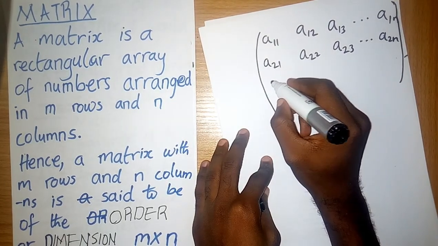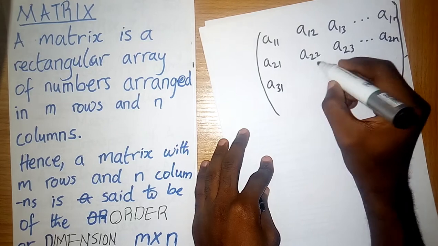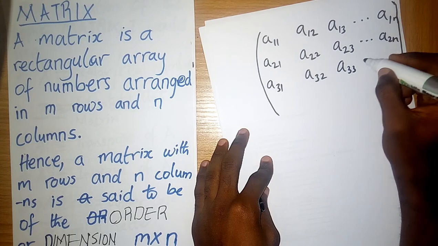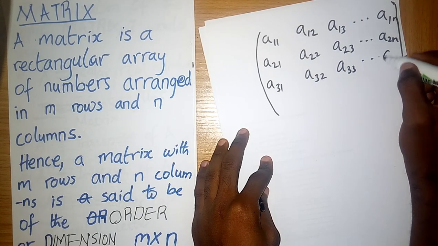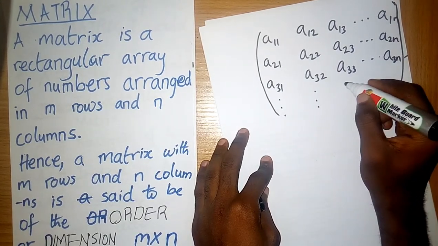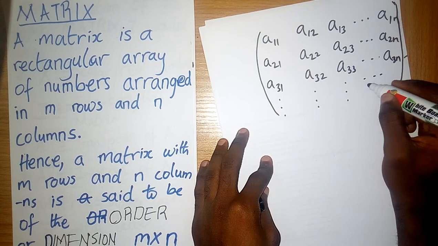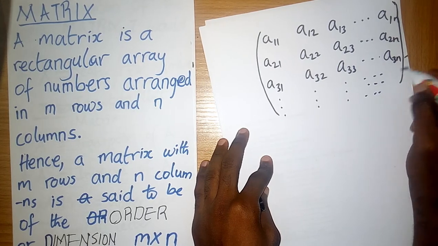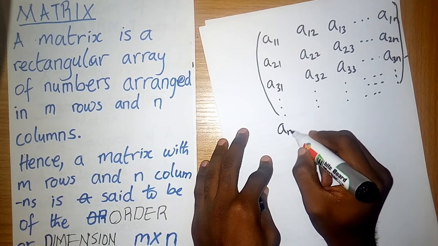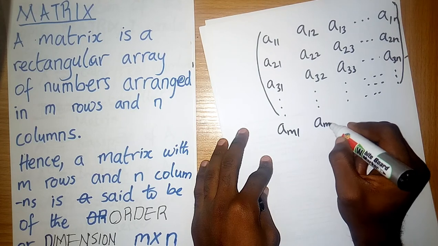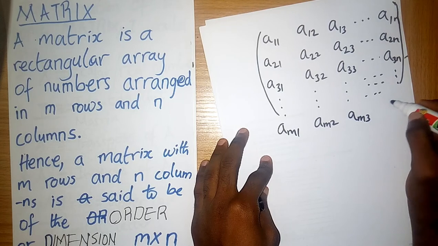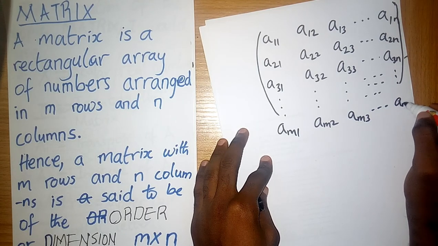Here we have a31, a32, a33, then more in between, up to a3n. Then here we have am1, am2, am3, and then we have amn.